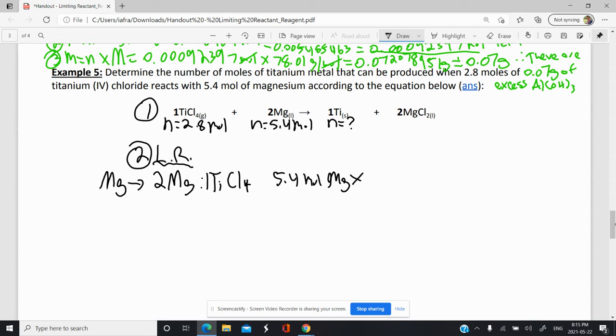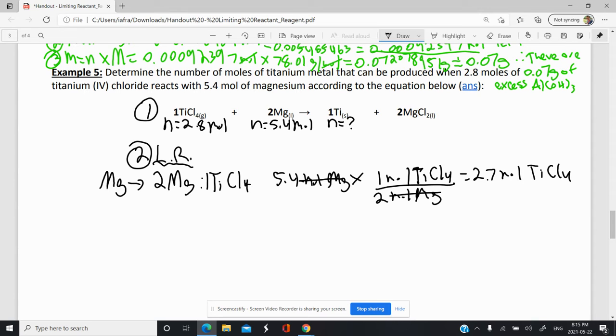So I'm going to get 1 mole of titanium 4-chloride over 2 moles of Mg. So basically just dividing by 2 because it's a 2-to-1 ratio there. And I get 5.4 divided by 2. I get 2.7 moles of titanium 4-chloride.